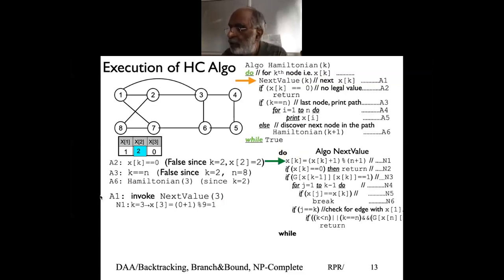Now, is x3 equal to 0? Which is not true. That means I'll look at the next one. Is xk minus 1, that is x2. And what is my x2? x2 is 2, and x3 is 1. So is there an edge from 2 to 1, which is the case?